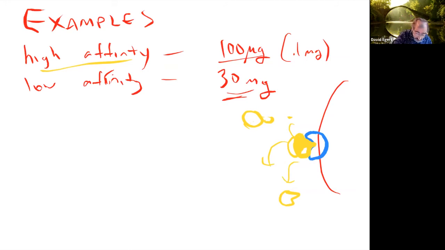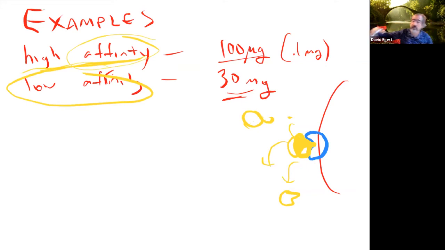So high affinity, things grab onto the receptor and keep activating it, so you don't need as much around. Low affinity, it does grab, but then it lets go, and then it grabs and it lets go. And if there are things with higher affinity, they're going to get in there and they'll outcompete it.